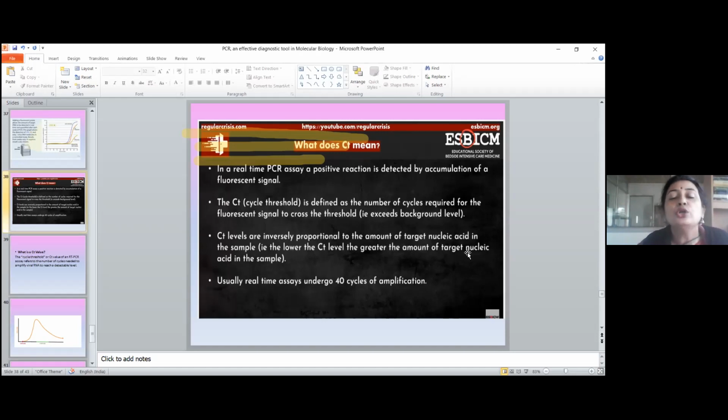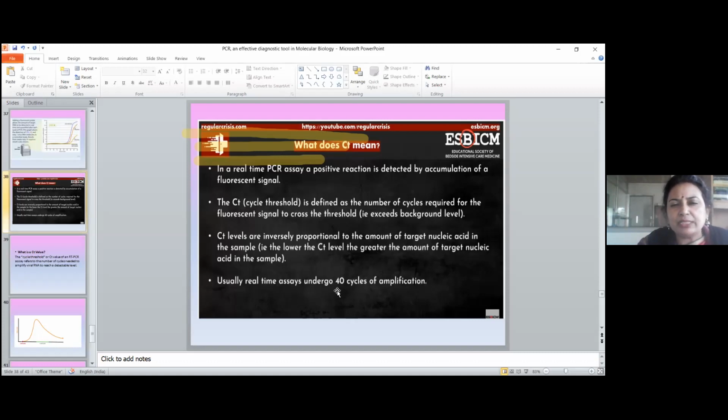That means the lower the CT level, the greater the amount of target molecules present. More virus, less CT value. More CT value, less viral load. Simple. If the viral load is less, more cycles will be required for detection. If the viral load is more, fewer cycles will be required for detection. So CT value and viral load go inversely.